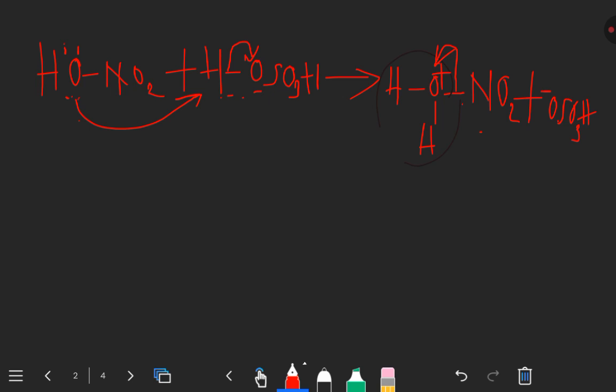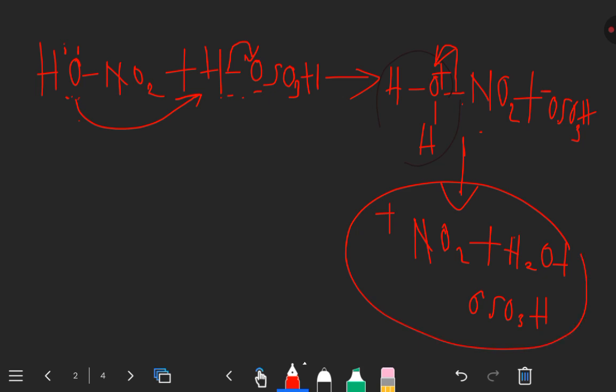Then the water will leave, leaving this to be positive. So this will be left: NO2 with a plus. The other product will be the water which left, so plus H2O, then plus the base which we had, OSO3H.